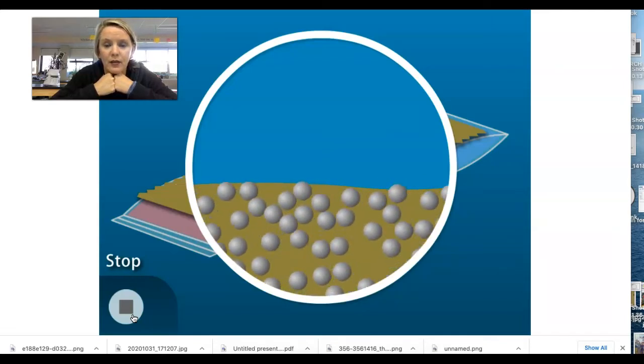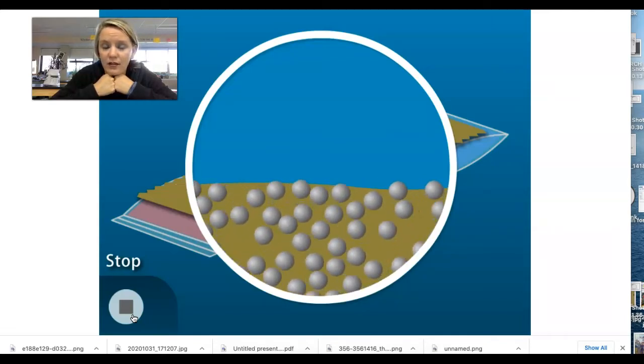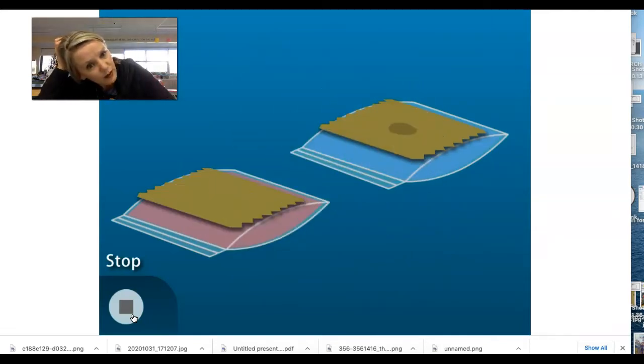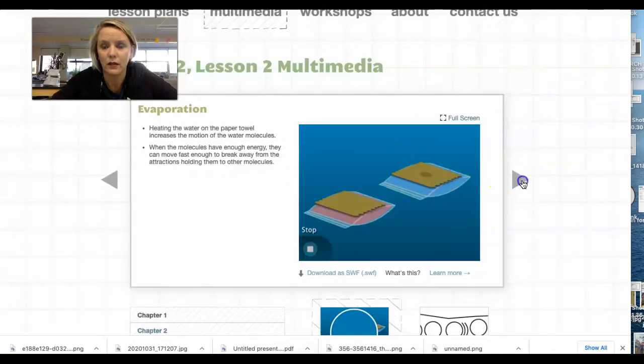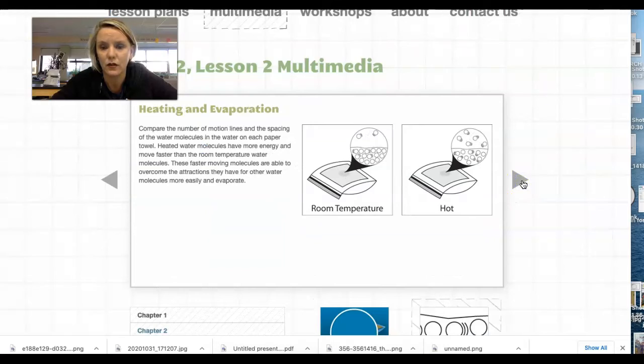And in this case here with the room temperature water bag, it's still evaporating, right? You still have some molecules that are flying off, but it's not happening nearly as quickly, right? Because they are not as far apart. All right, let's go back here. We are going to take a look at these water molecules in room temperature water.